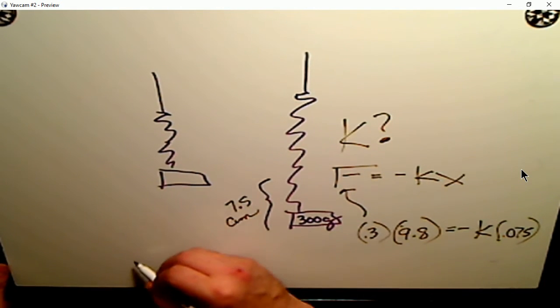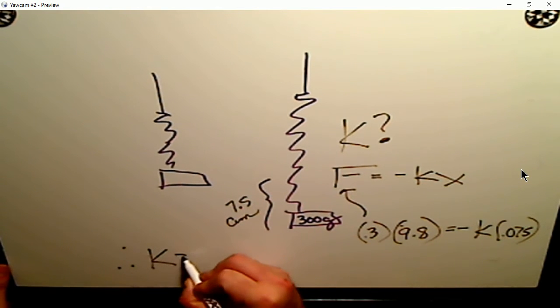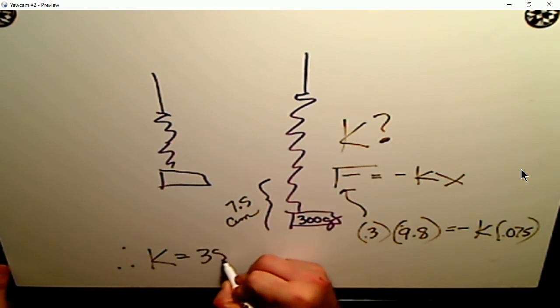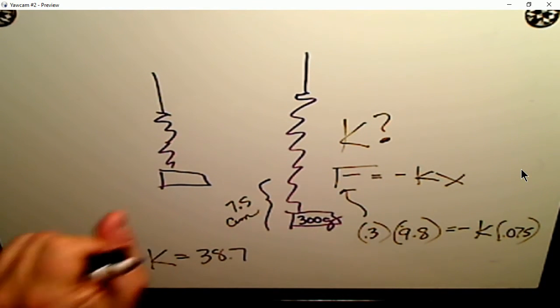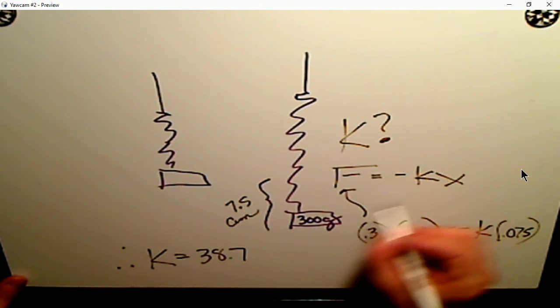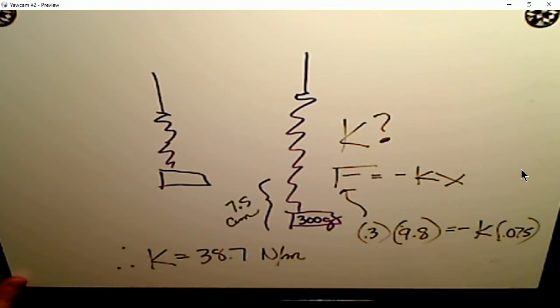Well, if I solve that equation, what do I get? K is equal to 38.7. And if you look at that, that's in Newton per meter. So that's the spring constant.